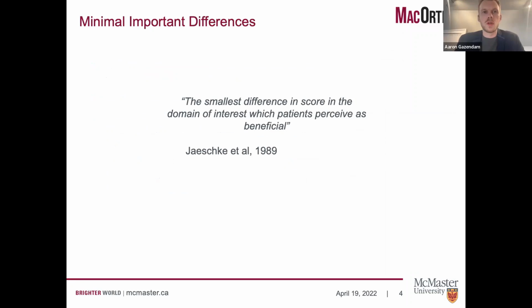Minimal important differences go hand in hand with functional outcome scores and patient-reported outcomes. It can be defined as the smallest difference in score in the domain of interest which patients perceive as beneficial, and that was first defined here at McMaster back in 1989. I like to give the example of patients with knee arthritis, where we're looking to see if knee injection is beneficial for them.